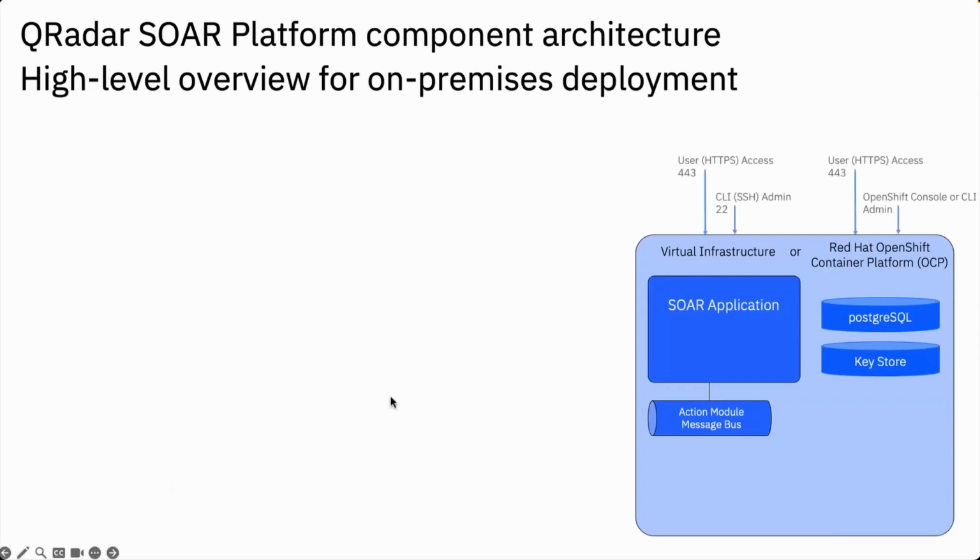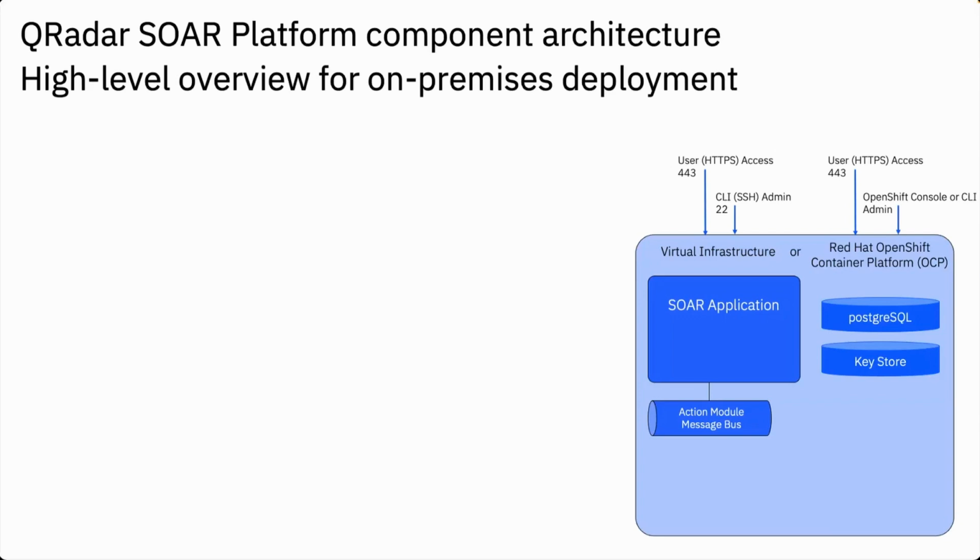QRadar SOAR stores all its data and configuration information in a local PostgreSQL database. In addition, it utilizes an encrypted key store to hold encryption key information that is required for external integration and application communication channels. You can deploy your QRadar SOAR platform using a virtual image on a VMware ESX server.